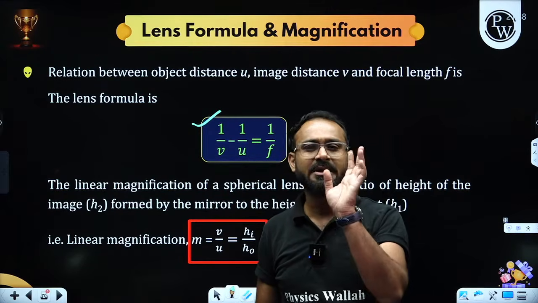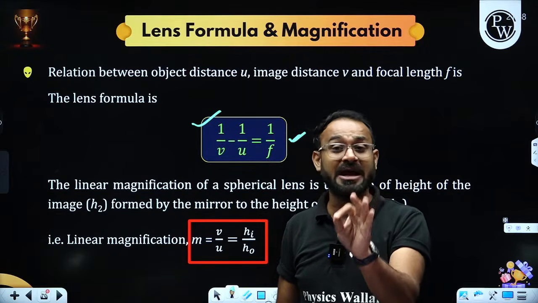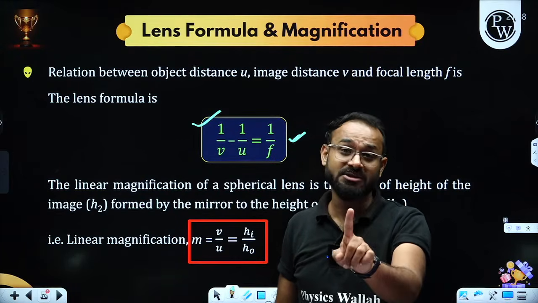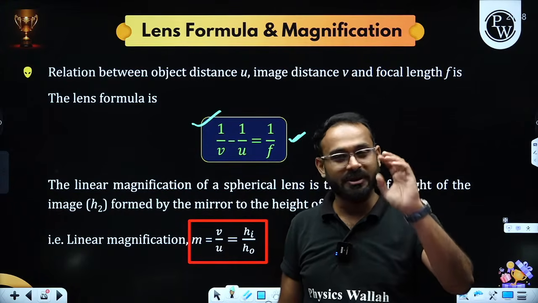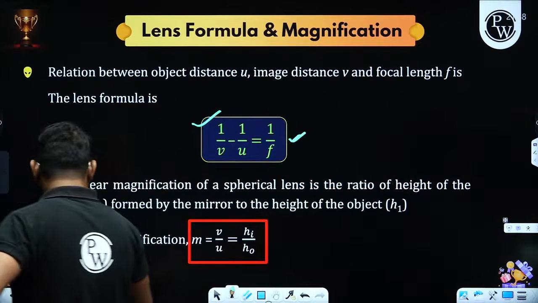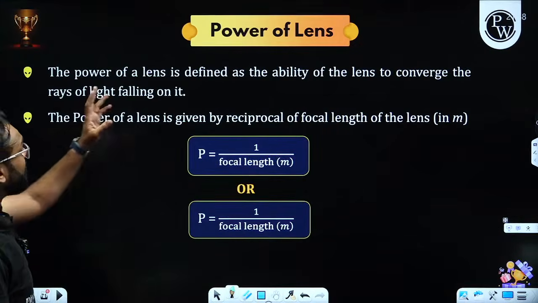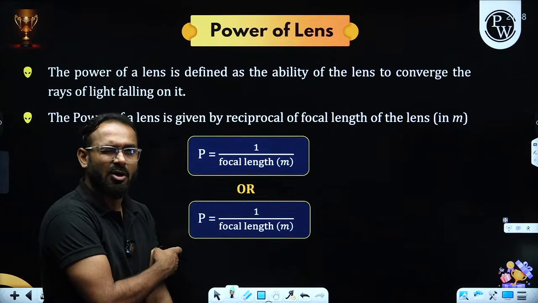There is only one case, between optical center and focus. If you keep your object at that point, you will get a virtual and direct image. Otherwise, the rest of the images will be real and inverted only. Clear?